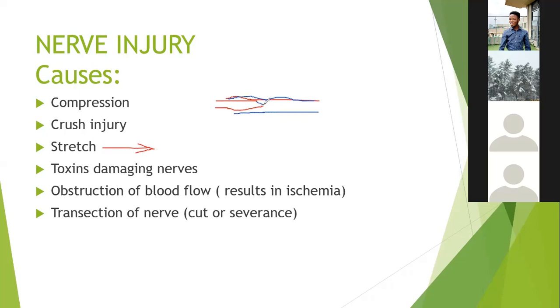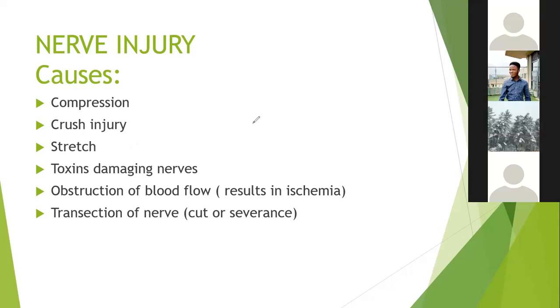So you may stretch such that you cause damage, breaking of the axons, but you leave the myelin sheath and the endoneurium intact. That is one type of damage. Again, depending on how much the stretch is, you can also have repair or regeneration occurring. Now, toxins.